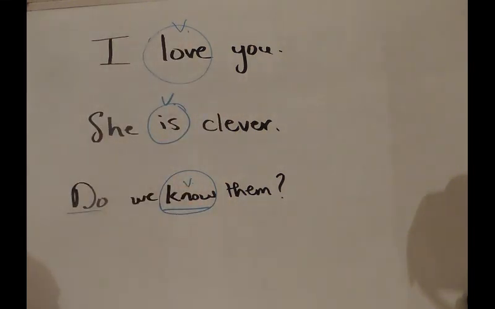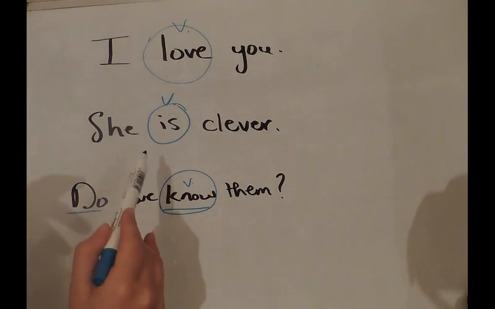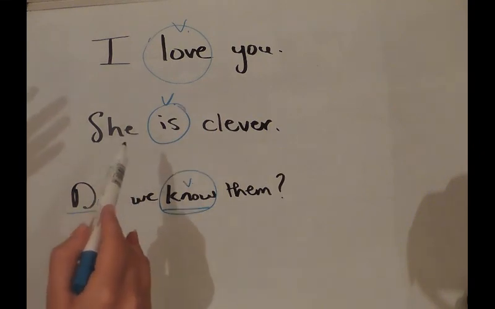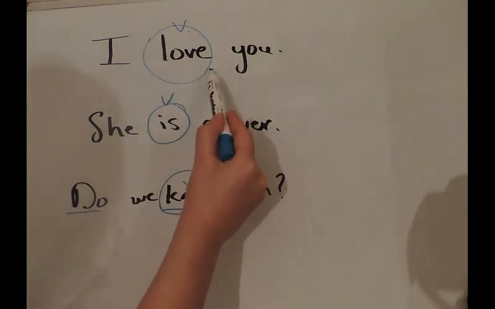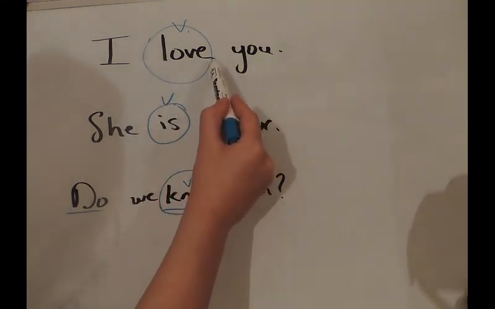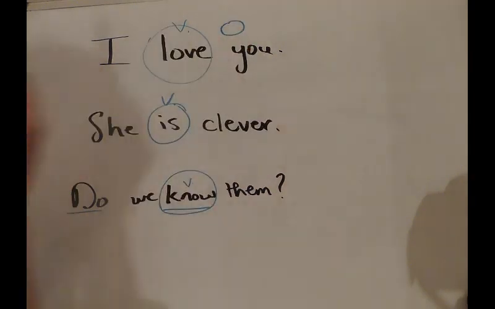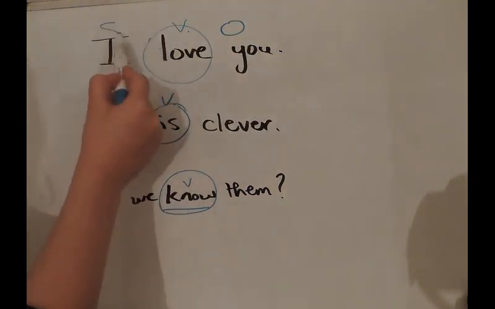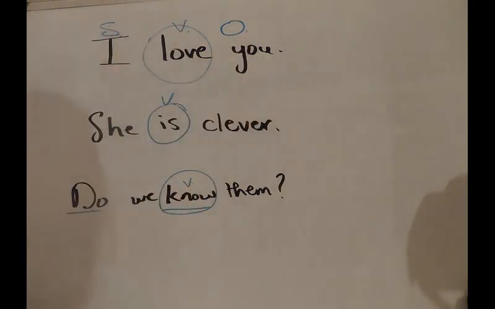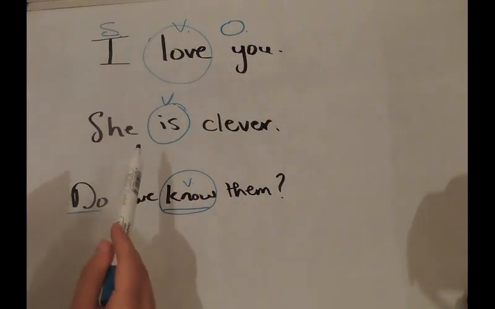This is an action verb as well. Is a linking verb. Anyway, how does this help me? In a sentence, the part that comes after the action verb should always have objects. And the part before, always subjects.